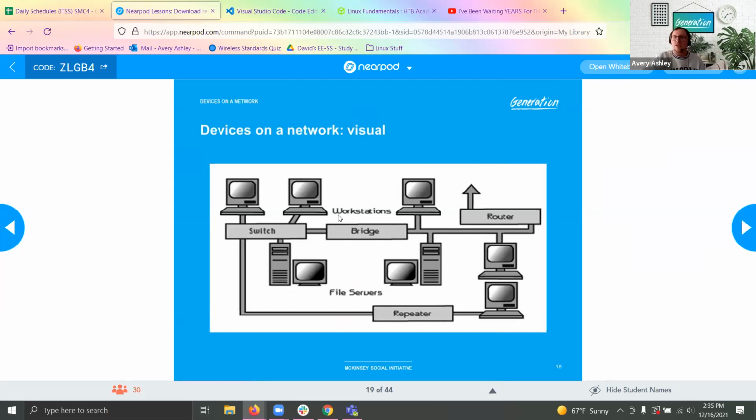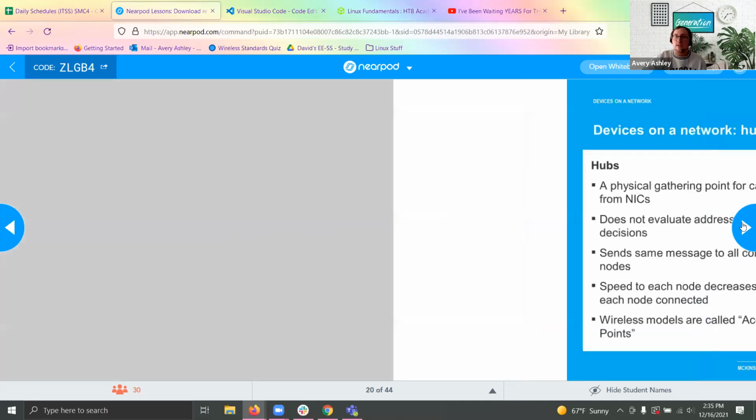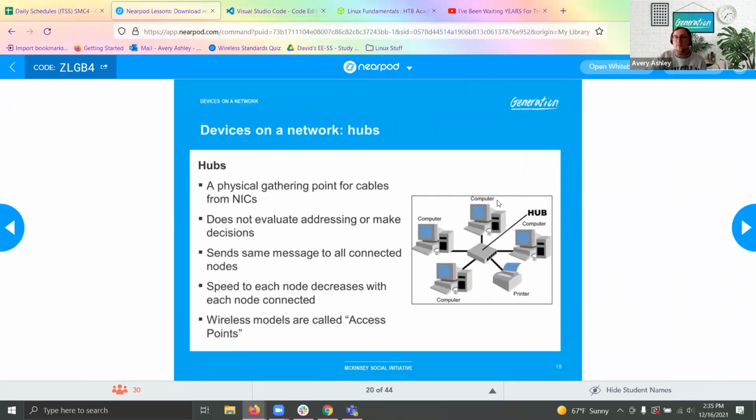So these two workstations and this file server are all connected to the switch. The switch is connected to a repeater, which connects to this workstation. The switch also connects to a bridge, so it can connect to this workstation, another file server, and a router. But we'll go into more detail in just a second.